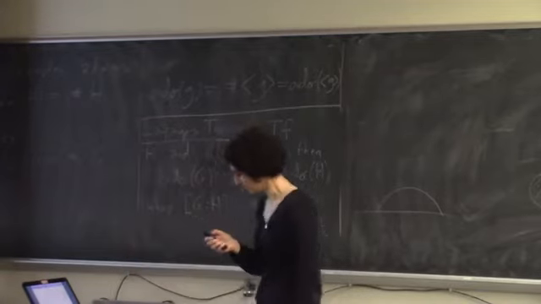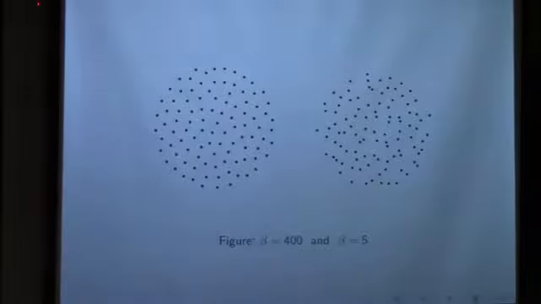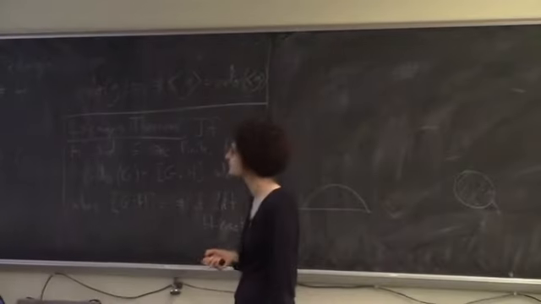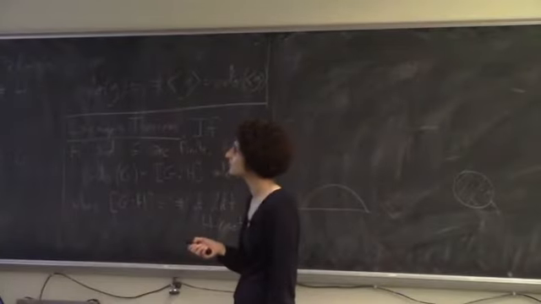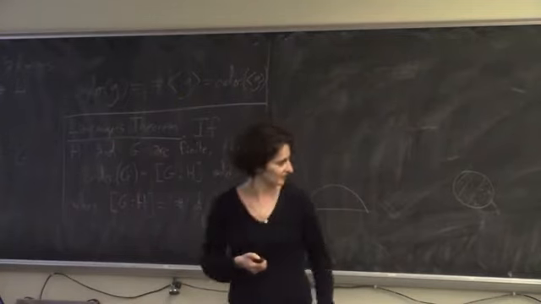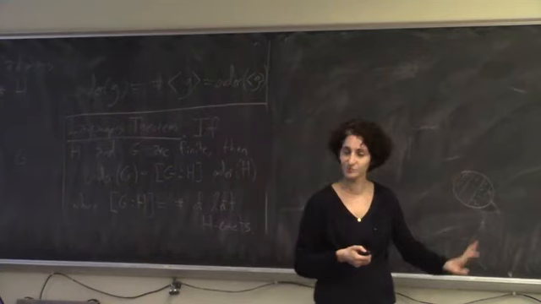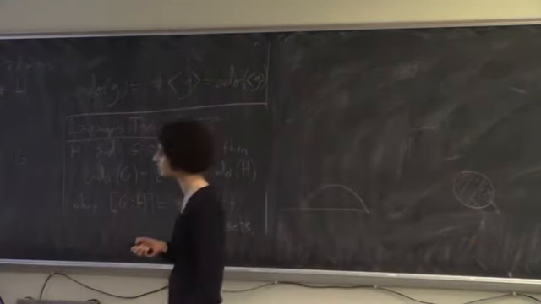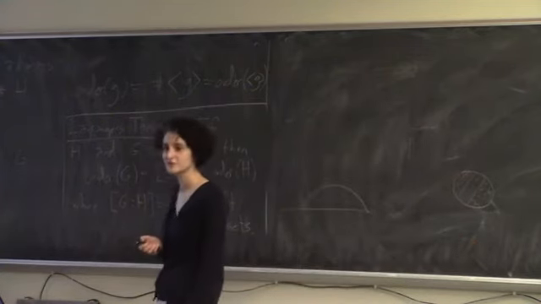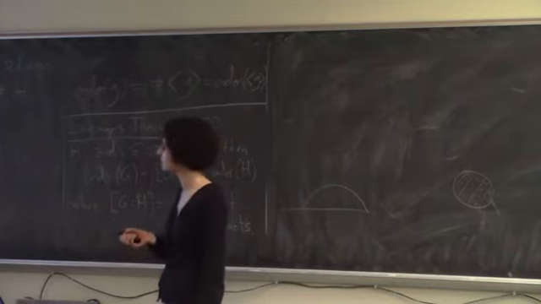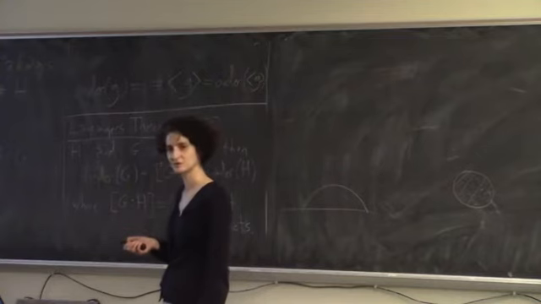Alright, so now I remind you that we are also interested in the situation with temperature, and here is a simulation. So I plot the 2D log gas for V quadratic. So as I said, we expect the particles to distribute themselves according to the characteristic function of a disk. And you can see that in those pictures, if you believe in it. And you can also see that when beta is much larger, the distribution of particles seems to be more regular.